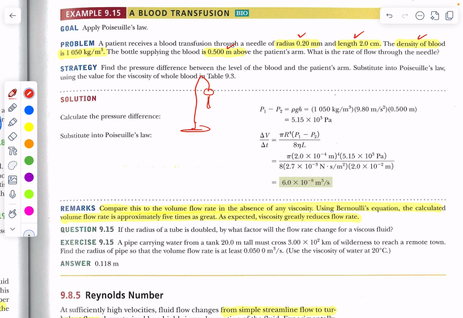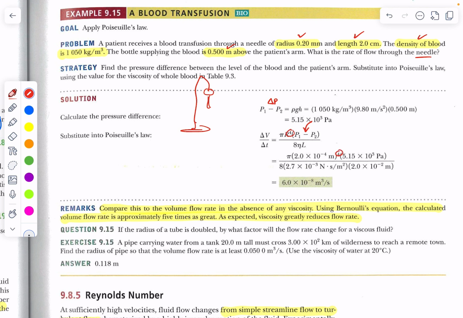In any case, what is the rate of flow through the needle is what this problem is asking. You might remember that your change in pressure is going to be equal to density times gravity times height. You've seen that before. We plug our numbers in to get our change in pressure. We plug the change in pressure here, and now we plug our numbers in. Again, remember, this is to the fourth power.